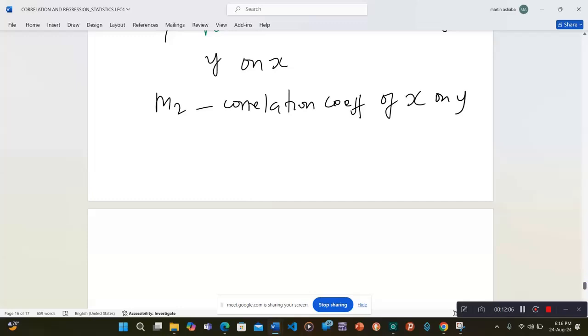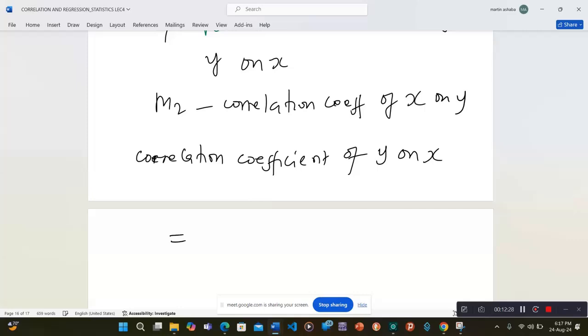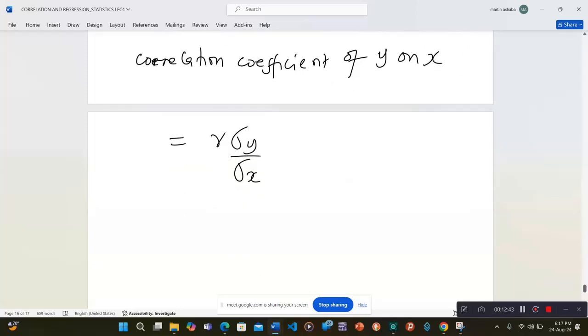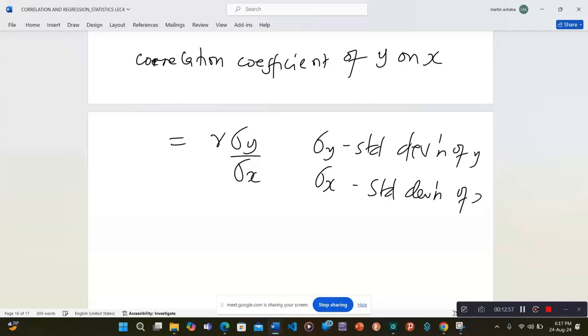So let's proceed. Now this correlation coefficient of, for example, y on x is also equal to r sigma y over sigma x, where sigma y is the standard deviation of y and sigma x is the standard deviation of x.